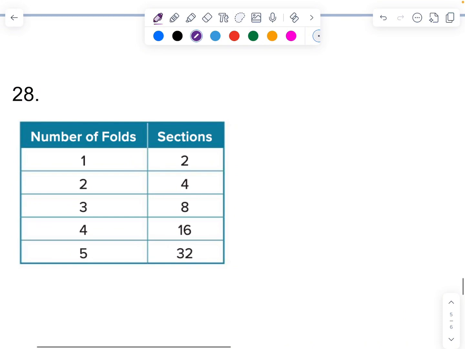Same thing here. Add 2, add 4. Oh, it's not arithmetic. Okay. So it's also times by 2, times by 2. Okay, so this is going to be geometric. So that means my r value is 2.